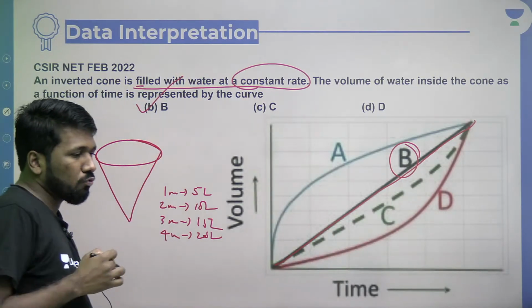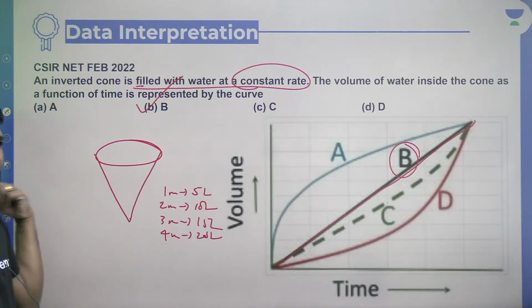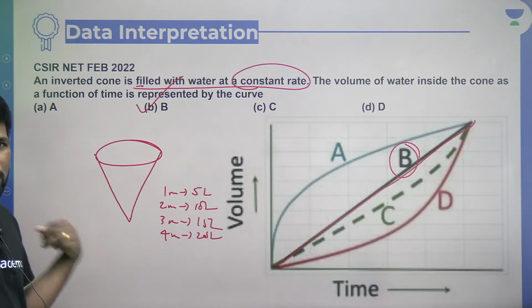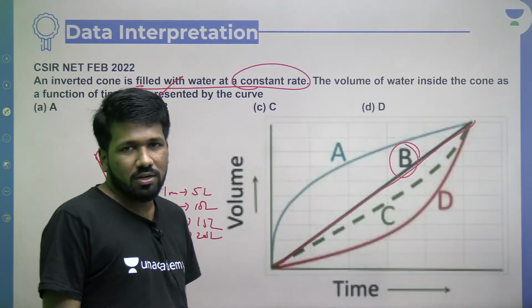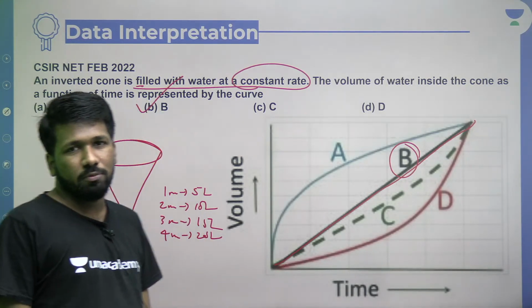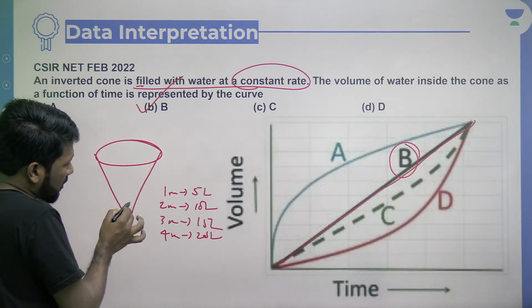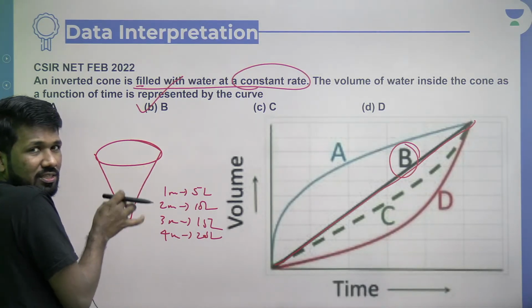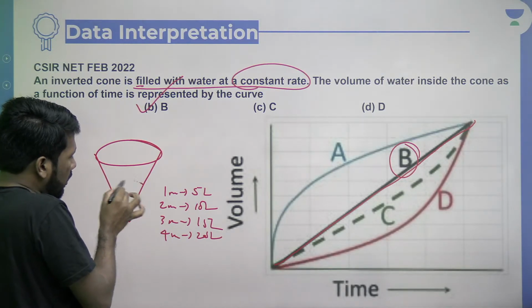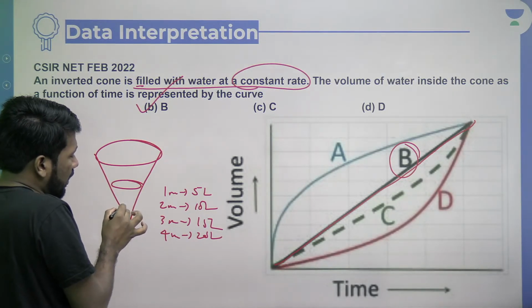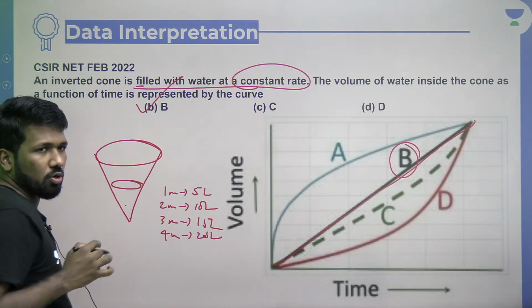Actually, some of you may have misunderstood the question. That question would be asking about the height of the water column. Height of the water column is not increasing directly proportionally, because in a cone the radius increases while going to the top. So definitely the bottom part takes less time to fill compared to the top part.